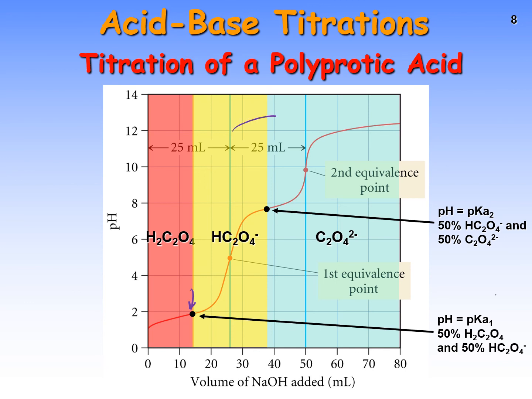The second equivalence point is going to take the same amount of volume as the first, so this would be 50 mL here. Halfway between the two, we reach again halfway to the next equivalence point. Well, pH is now equal to pKa2 because now we're talking about that second equilibrium occurring. This region is the excess base region.